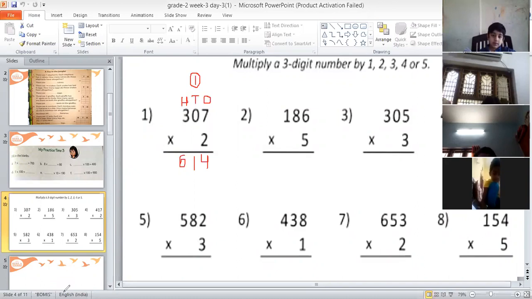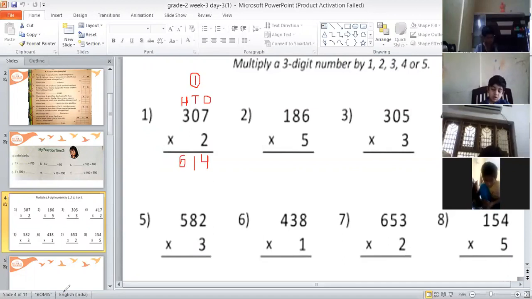Yes, which table in the second question? 186 multiplied by 5. Beside this multiplication symbol, what is the number, Shri Hasan? 5 table. Very good. Now tell me 5 6s are how much? 30. 5 6s are 30. Very good. So we will write only 0 in ones place and 3 will go as carryover.